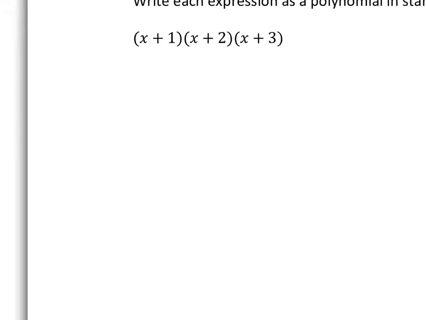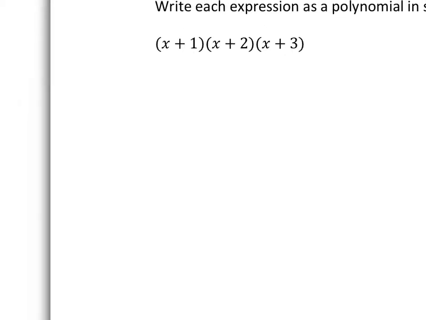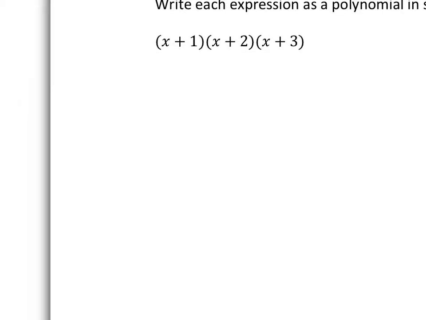So let's see, to start this out, we're just going to deal with 2 pieces at a time. So let's start with the first 2 pieces. We've got 2 binomials, so we should FOIL these. All right, so let's see. First term times first term is x times x, which gives us x squared.